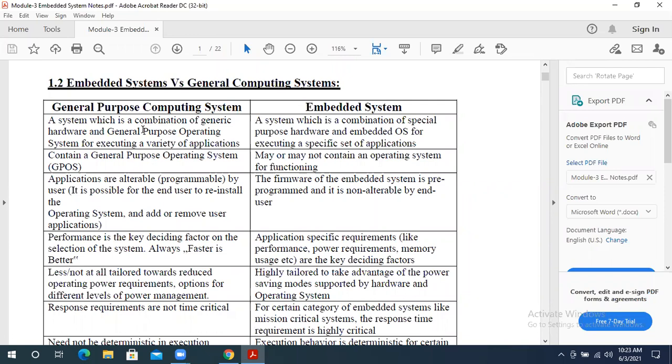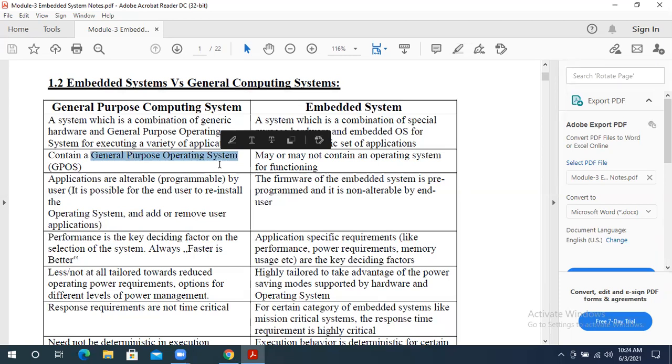And the second point is, it contains a GPOS. GPOS means general purpose operating system. Whatever we are using right now, like Windows 7, Windows 8, then Mac, then Linux, all are called GPOS because they do multiple tasks, which is called general.